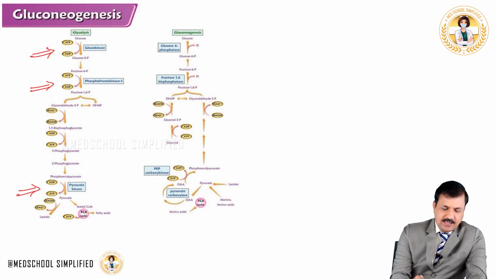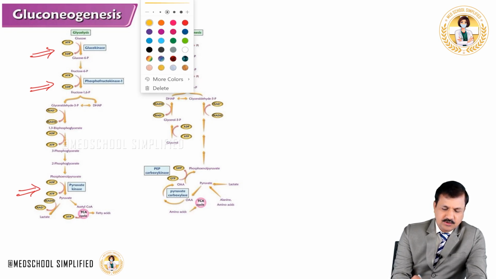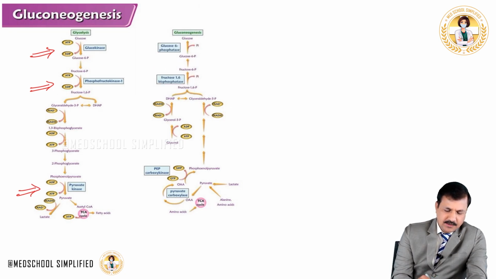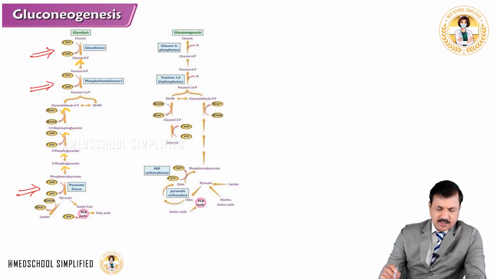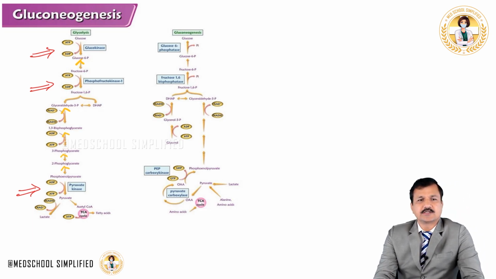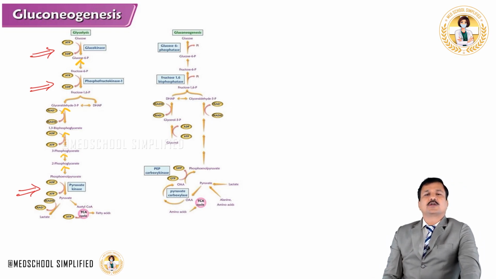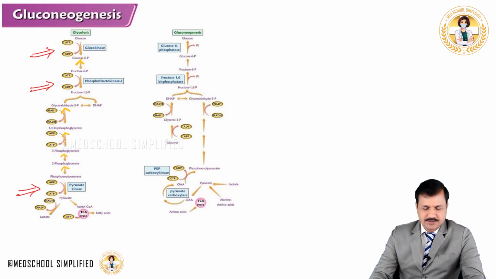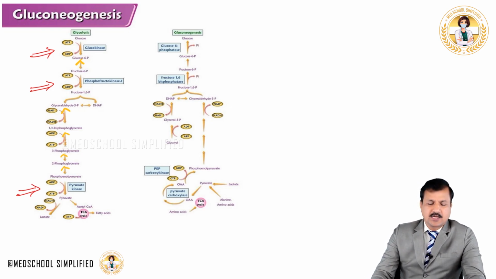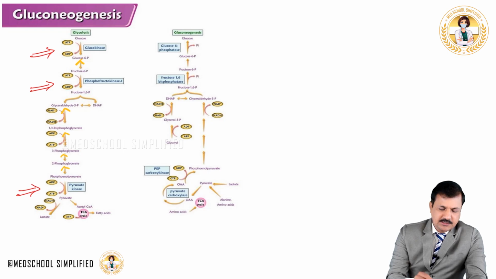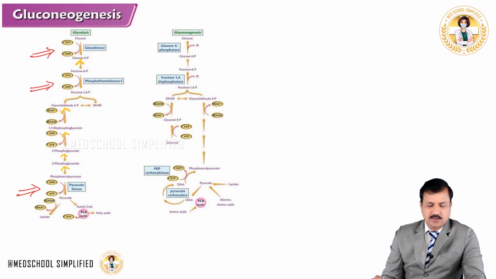Other than these three, all the other reactions shown here are reversible, so all the enzymes conducting them can be used to convert pyruvate back into glucose. Now let's see the corresponding enzymes in gluconeogenesis for the irreversible reactions in glycolysis.